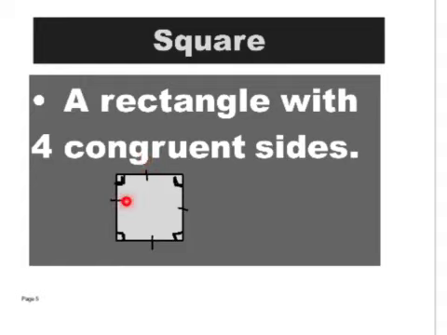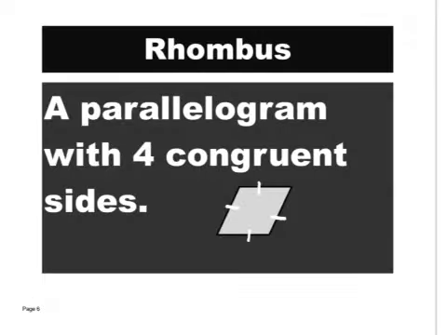That's why they each have the same tick mark. This is a rhombus. A rhombus is like a square. It has four congruent sides, but it doesn't have right angles. So a rhombus is a parallelogram with four congruent sides.